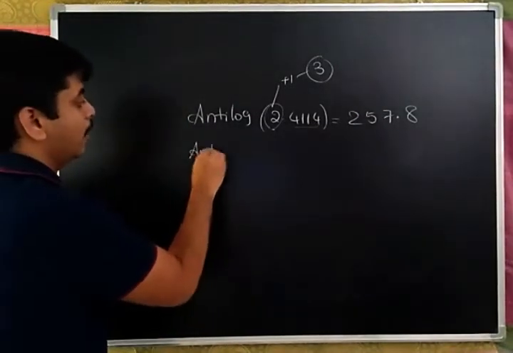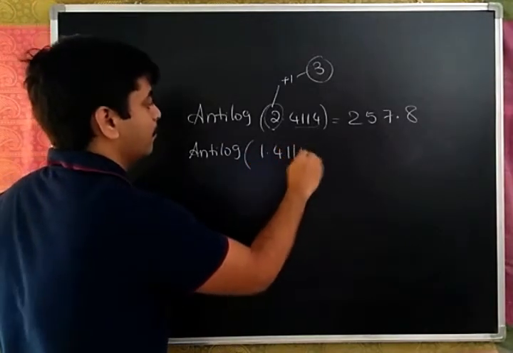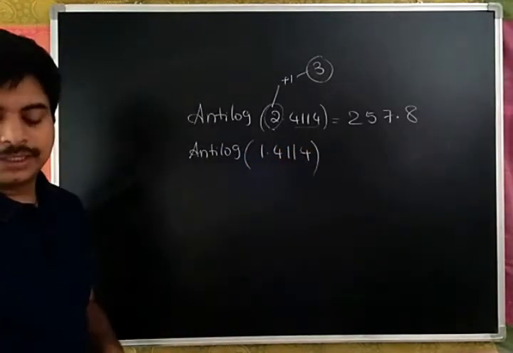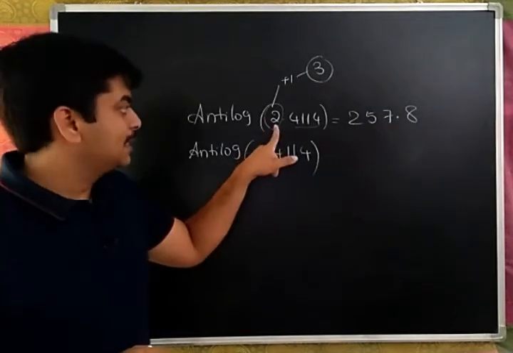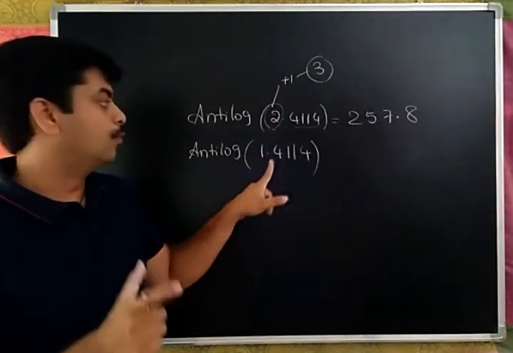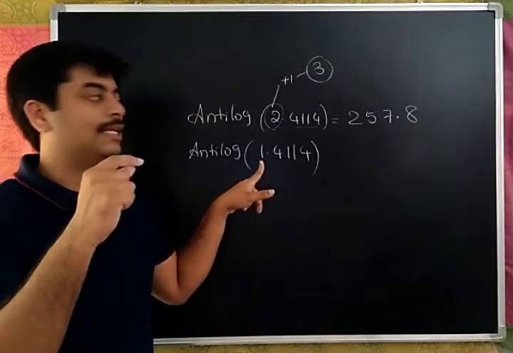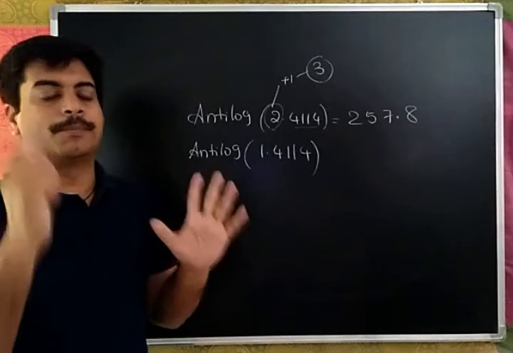Let us see some more examples with the same digits. Finding the anti-log of 1.4114. How to find the anti-log of this? I told you, the whole number has no importance with the value. It only decides the decimal point placed at the end of the problem.